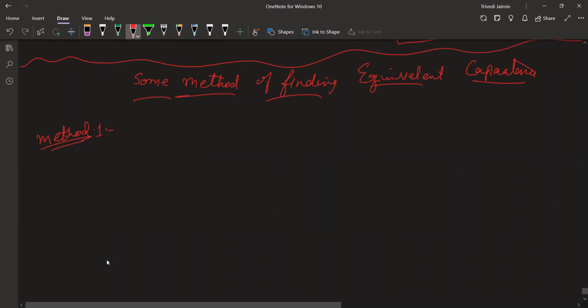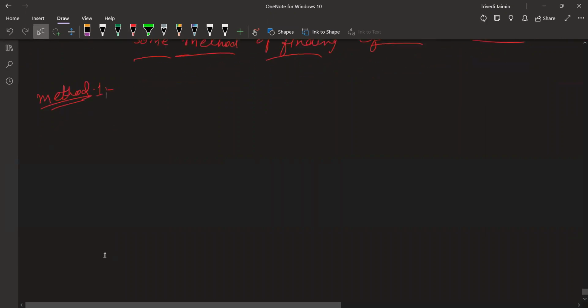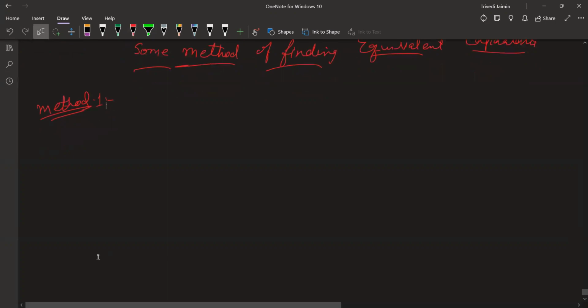No, this is actually what I'm doing here. It is for some specific diagrams, not standard diagrams. Standard diagrams we can solve normally, which is an easier way to solve. Some typical questions. So first method by successive.